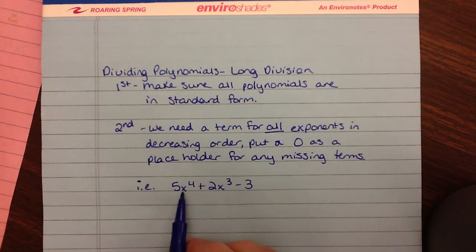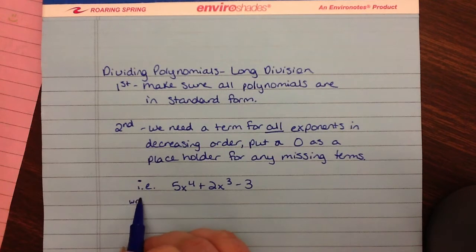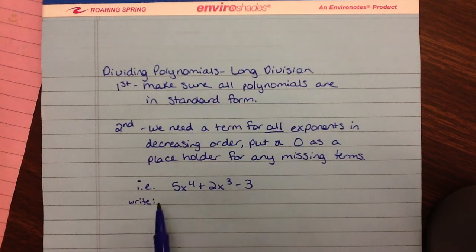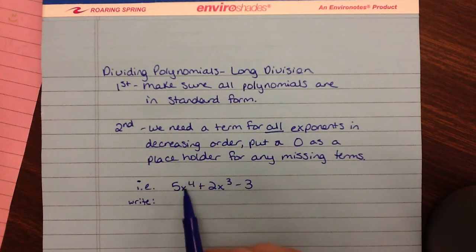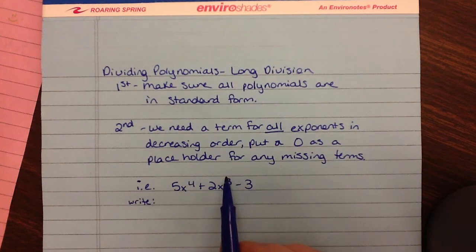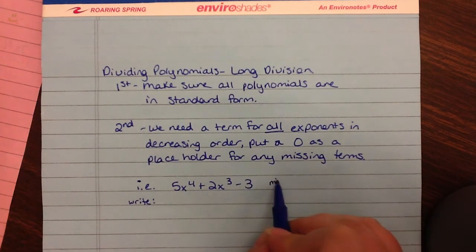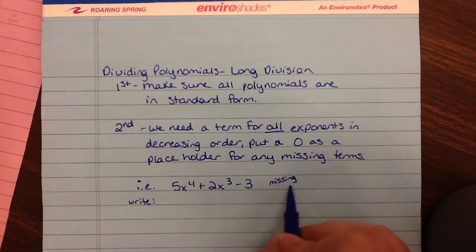So if we look at this polynomial, it is in standard form because it's decreasing, but what's the problem with it? I have x to the 4th, x to the 3rd, and then no x's. What am I missing? I'm missing an x squared term and an x term.